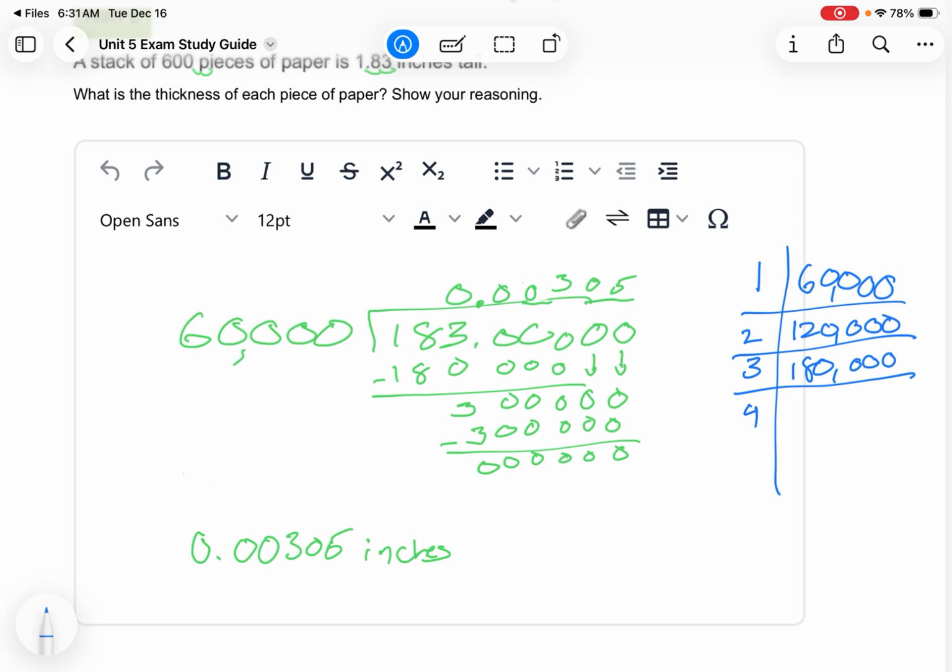And then 180 plus 60 is 240. And 240 plus 60 is 300. And 300 plus 60 is 360. And we can keep going if needed, but 300 was what I needed here.